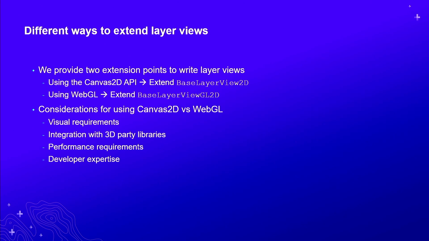What are the performance requirements from the custom layer and layer view? And of course, just as important, what is the expertise of the developer who is going about the task? Does he feel more comfortable writing WebGL code or simply Canvas, and so on and so forth? In any case, we let the developer choose the path of integration and extensibility, whether it's WebGL or Canvas.